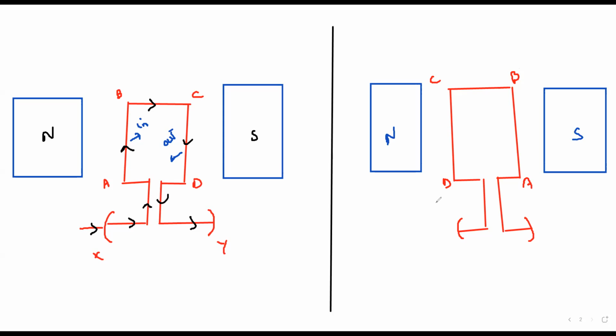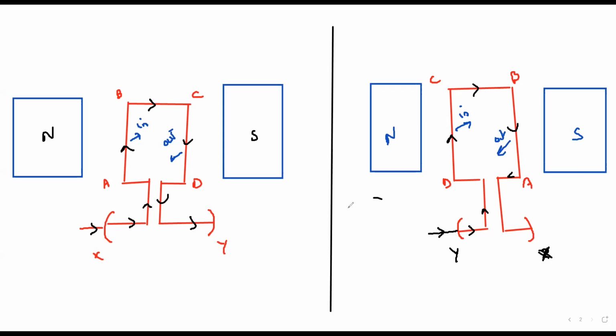The position of the split ring commutators also changes, this is Y now, and this one is X. But the conventional current is coming from the left hand side. So what is the direction of the conventional current? Now from B to C, and then from B to A. And now sides C and D will experience a force into, according to Fleming's left hand rule, and side AB, or BA, will experience the force out.